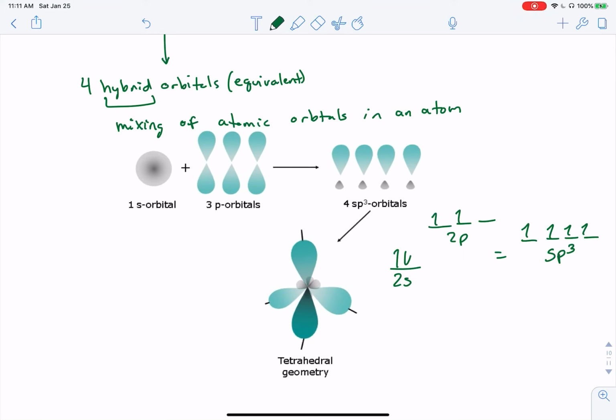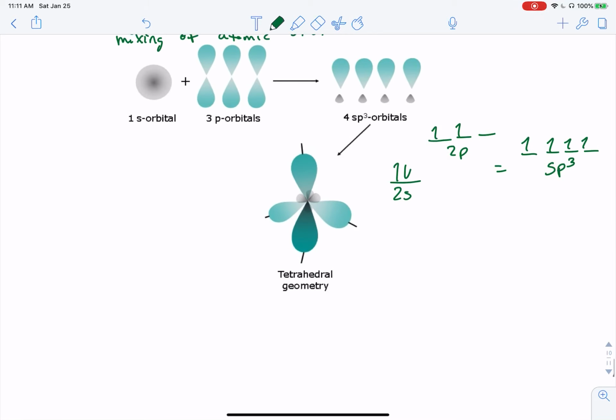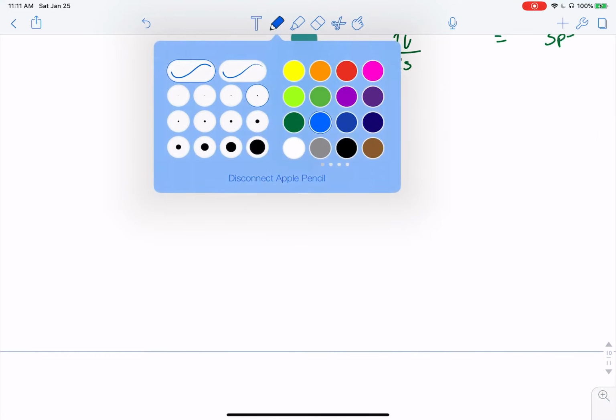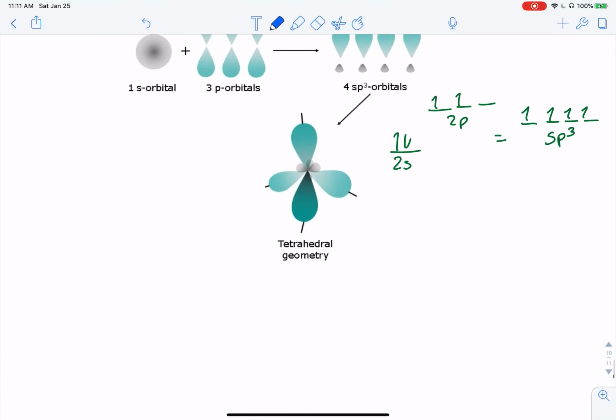I mean, there is some inherent energy change when a bond is formed. So yes, I guess you could argue that. Okay. And so when you bond, you form hybrid orbitals. Now, that's not exactly the whole story here, because what happens here is the H bonds here, the H bonds here, the H bonds here, and the H bonds here.